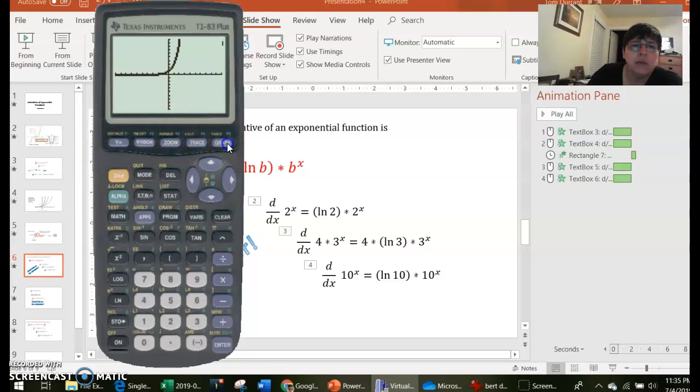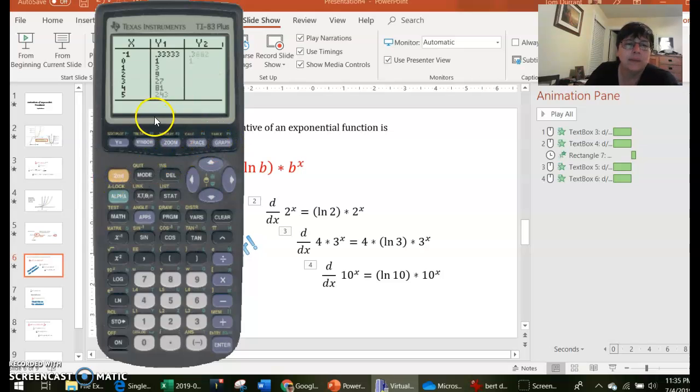Let's look at the table. So here at 1, we've got 3 and a little bit more than 3. Here at 2, we've got 9 and a little bit more than 9. So yeah, in fact, if we look at the natural log of 3, it's really close to 1.